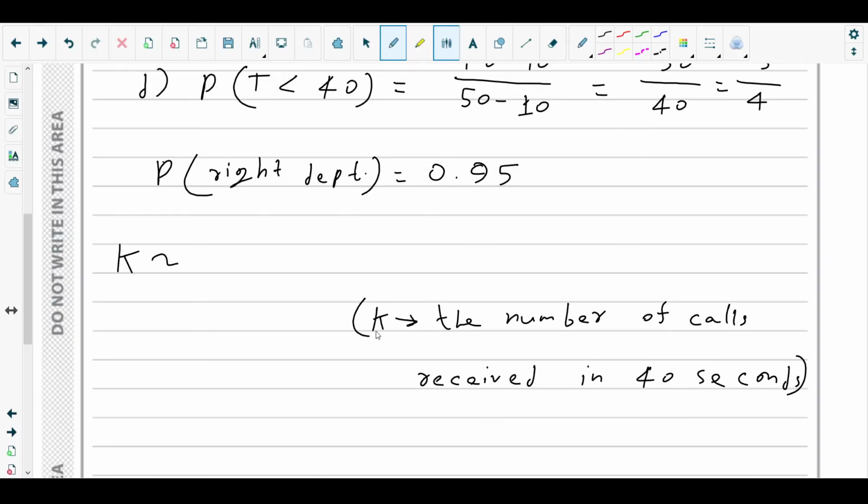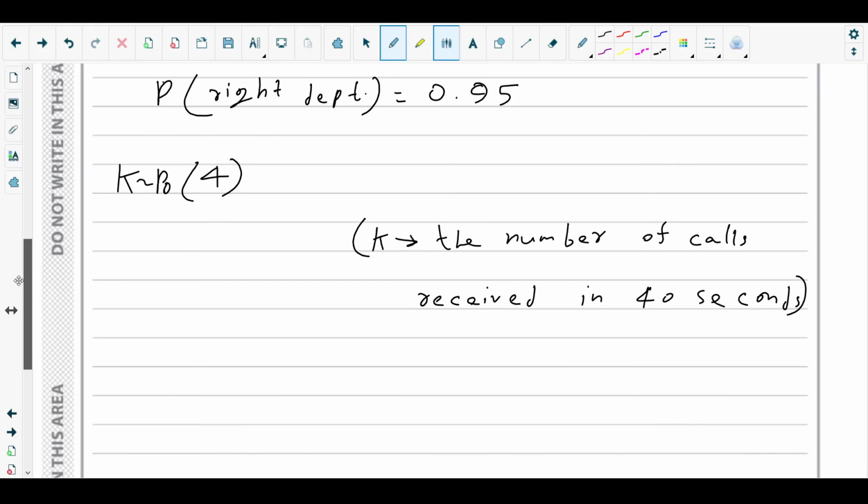In 1 minute, there are 60 seconds, the mean is 6, so in 40 seconds this is 4. K follows a Poisson distribution with mean lambda equal to 4.